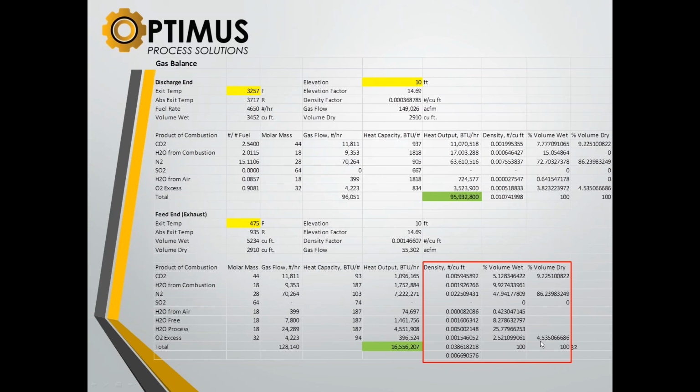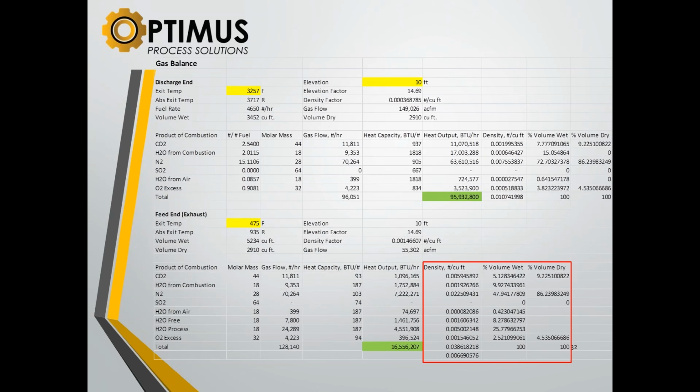But you can see wet, in this case, it was 2.5. So if you measure it on a wet basis, you think you're doing just great, but you're not. The water is diluting the oxygen level. And then you can directly compare this with your O2 analyzer.